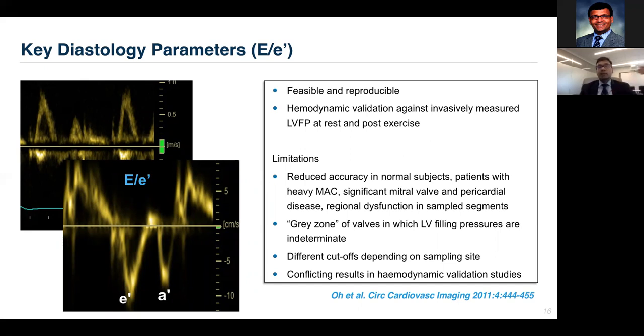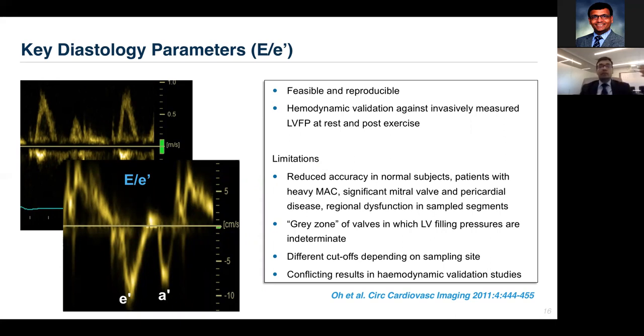From E prime and the E, you get this key parameter that is the E by E prime. And typically, E by E prime has a relationship with mean left atrial pressure. Limitations are it may not be reliable in patients with mitral annular calcification.